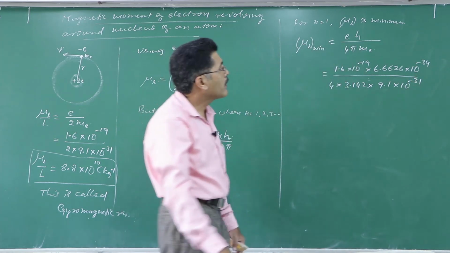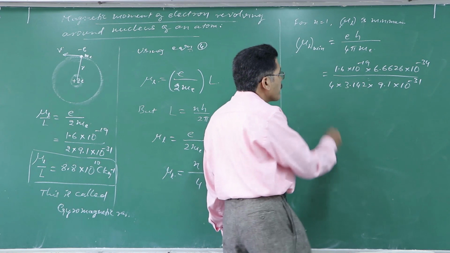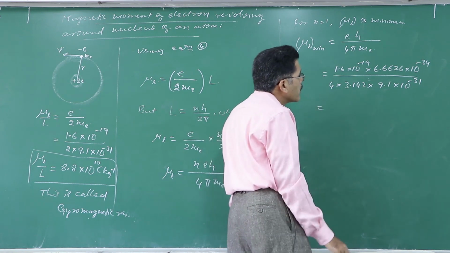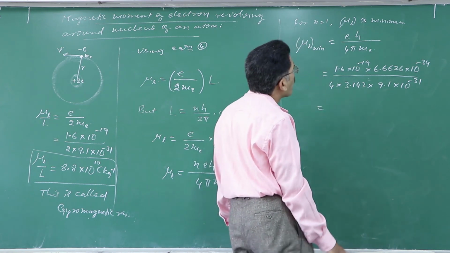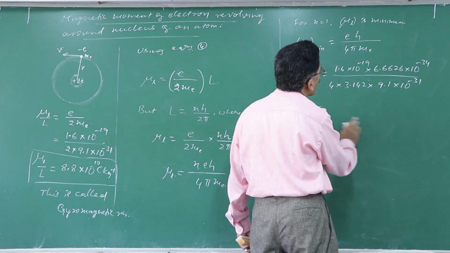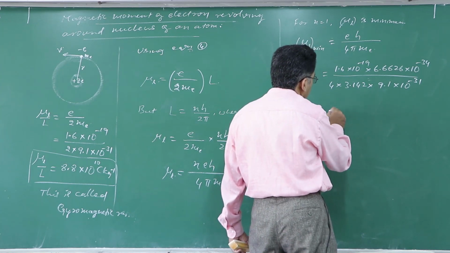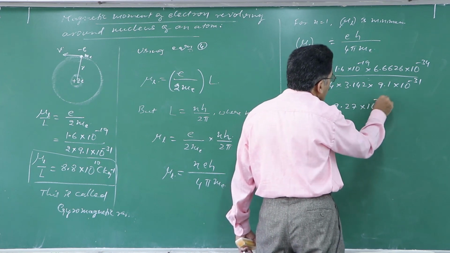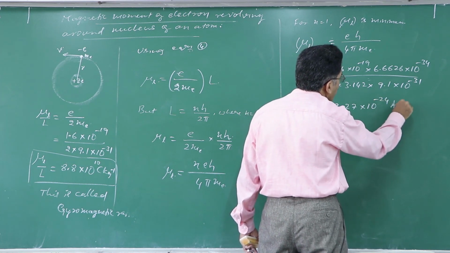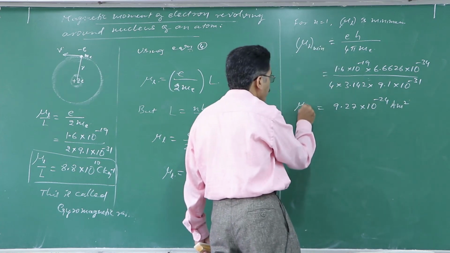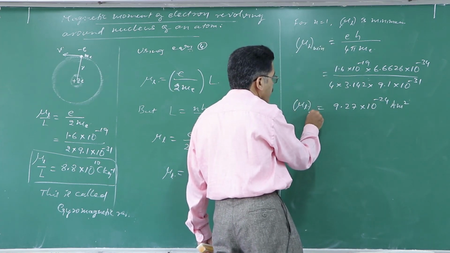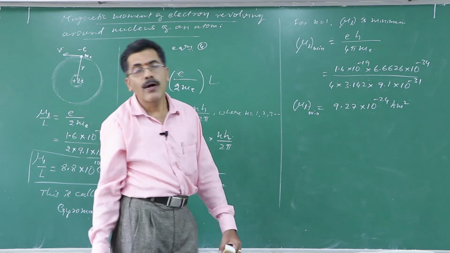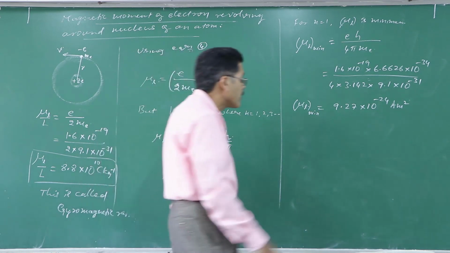On simplifying all this, you will be getting 9.27 into 10 raised to minus 24 ampere meter squared. This is called the Bohr magneton.